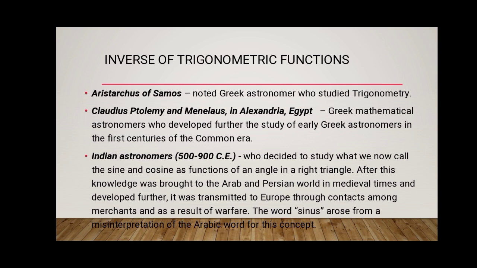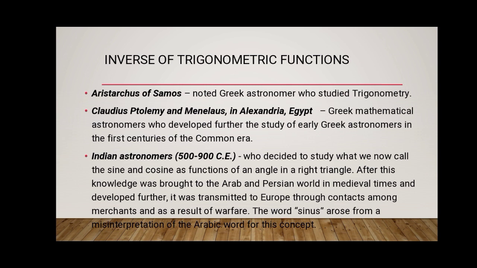Aristarchus of Samos, noted Greek astronomer who studied trigonometry. Claudius Ptolemy and Menelaus in Alexandria, Egypt. The Greek mathematical astronomers who developed further the study of early Greek astronomers in the first centuries of the Common Era.